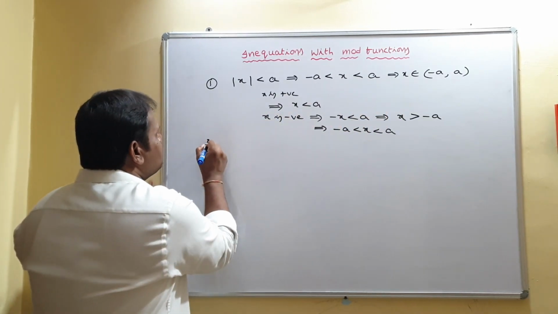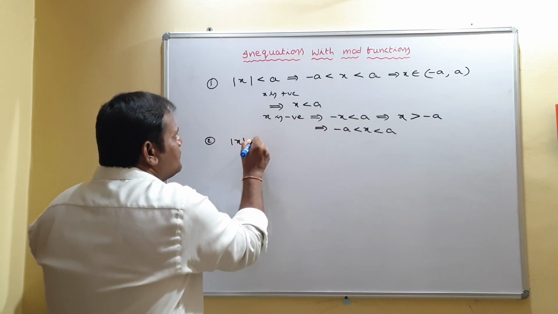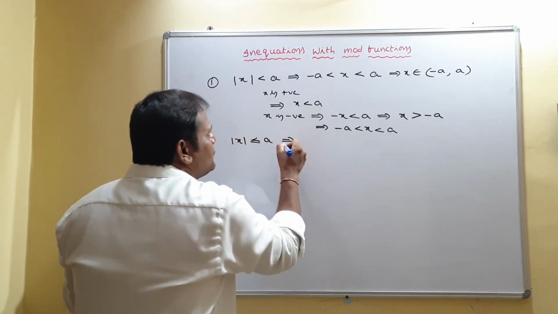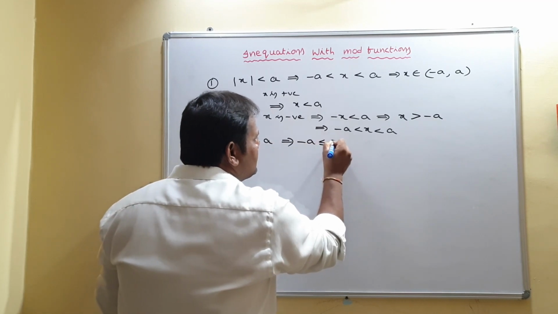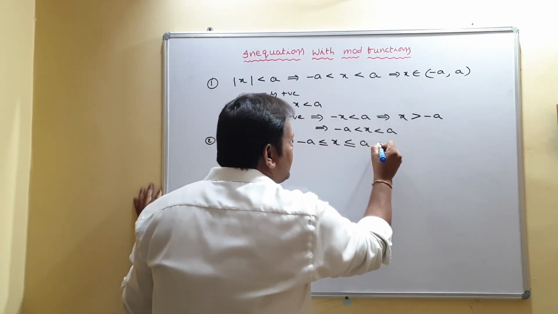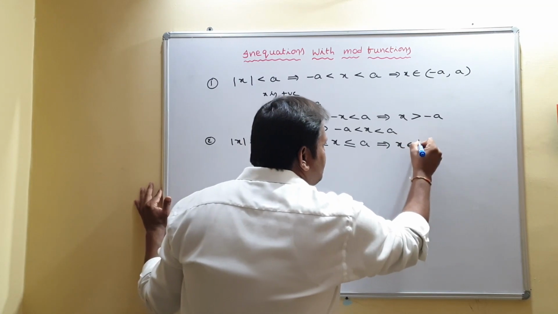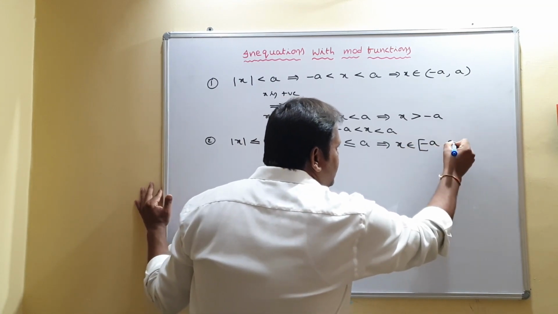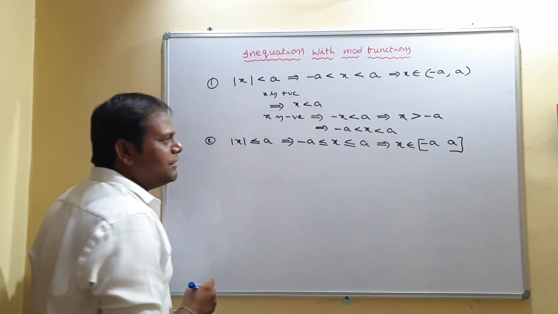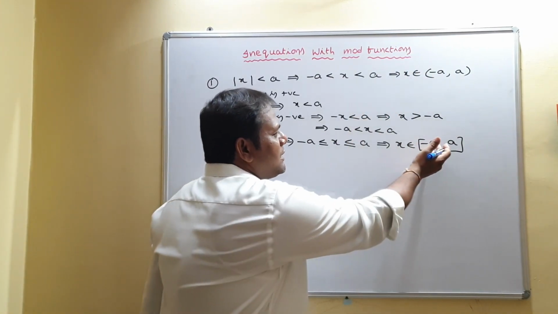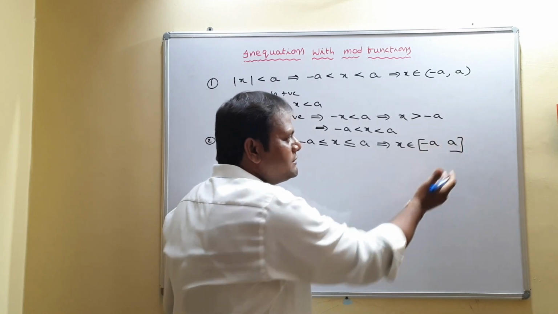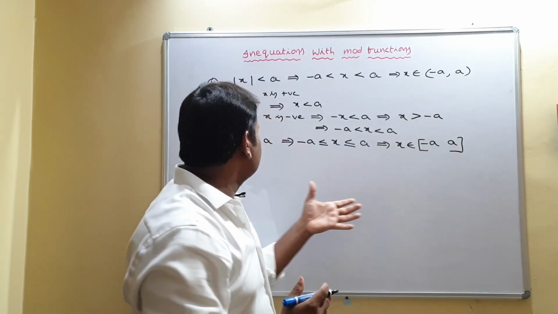Suppose it is mod x less than or equal to a, then you get the equal sign here: minus a less than or equal to x less than or equal to a. That is x belongs to the closed interval minus a to a. You know closed interval and open interval. So closed interval minus a to a means endpoints are also included.